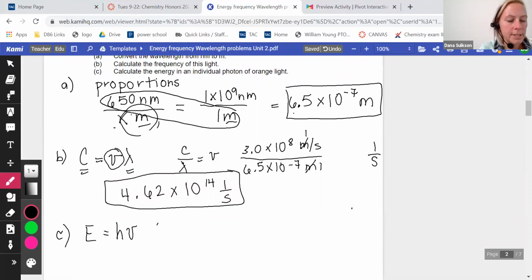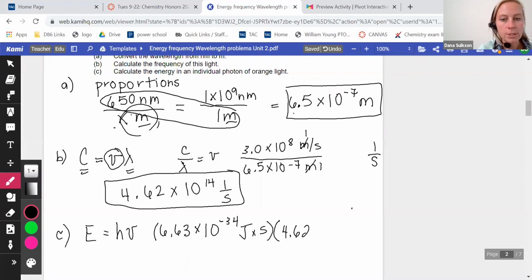Planck's constant is a given value, 6.63 times 10 to the negative 34 joules times second. You're going to multiply by the value you just solved for. Again, you can either use 2 decimal values or 3, and since I've already written 2, I'm just going to stick to the 2.